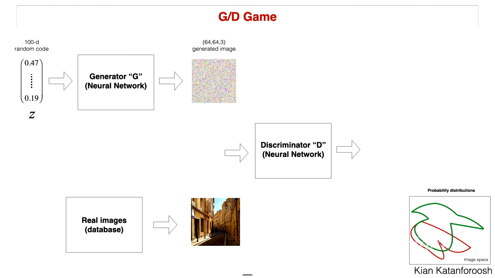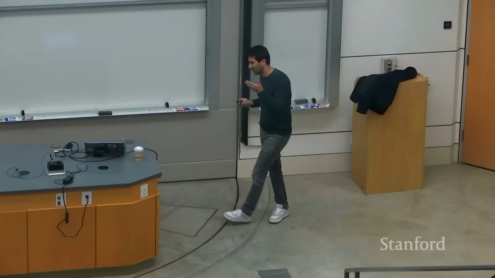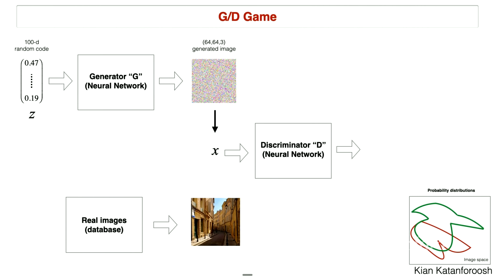The discriminator D is going to alternatively receive fake and real images. So we might send one turn an image outputted by G. That image would be X, or G of Z. X is G of Z. And on another turn, we might actually pull from the real database and get X, a real image.